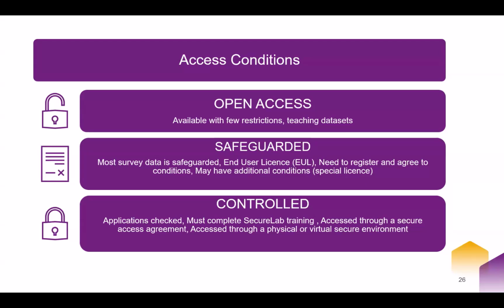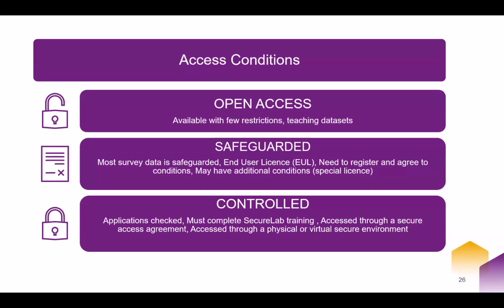You can either register using your university or higher education login, so something like Shibboleth or anything with federated access, or you can request a UK Data Archive username. We'll send this to you and then you'll be able to log in to access the data. The data on this level may also have additional access conditions.